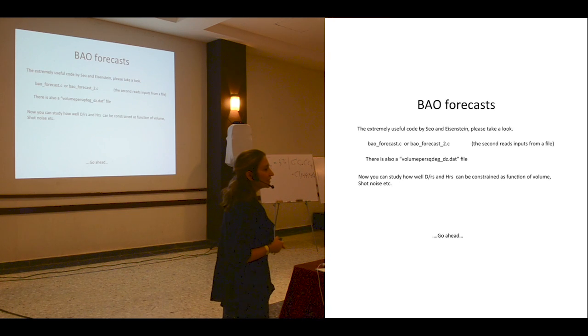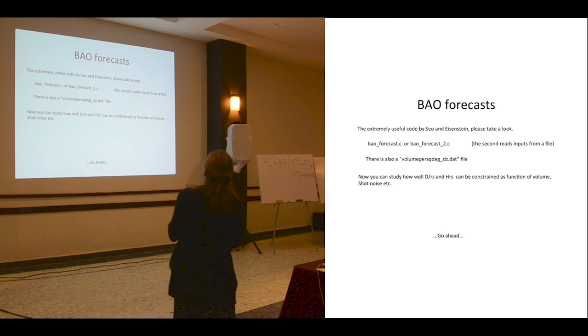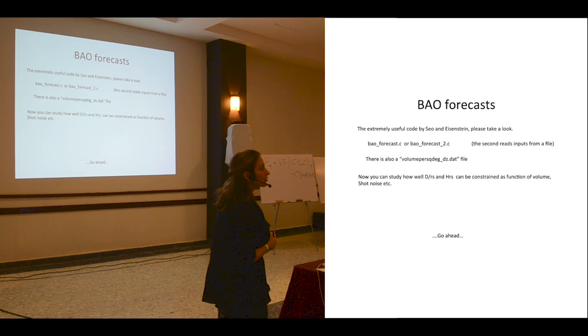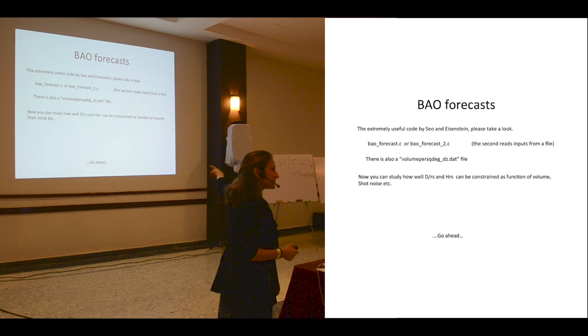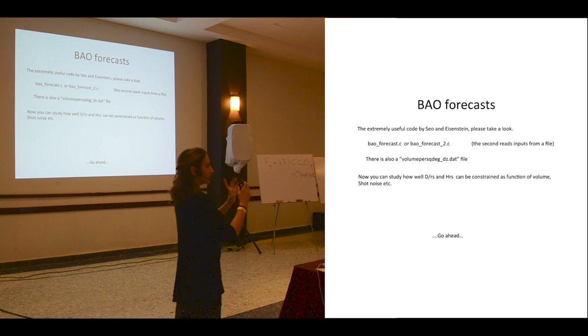So what I suggest is that you open either this file or this file and look at the instructions. These files are very nicely commented, even though it's C. Just read the comments so you see what's going on, and towards the end of the file, it tells you in which form it gives you the elements of the Fisher matrix.